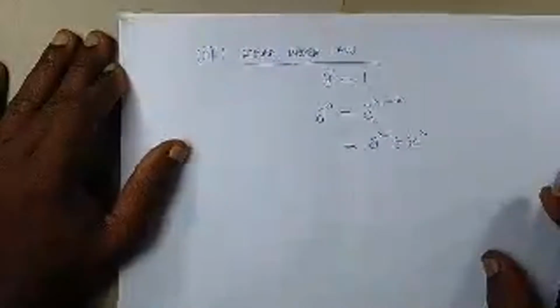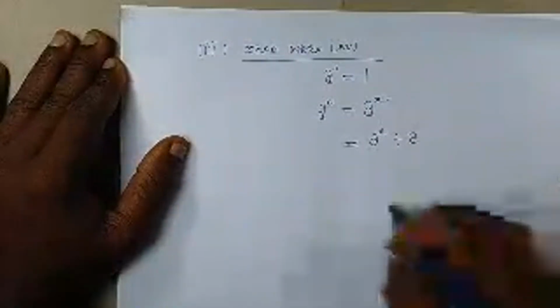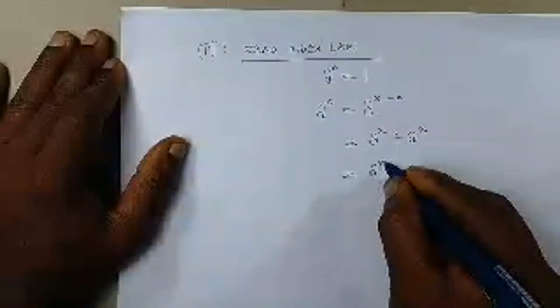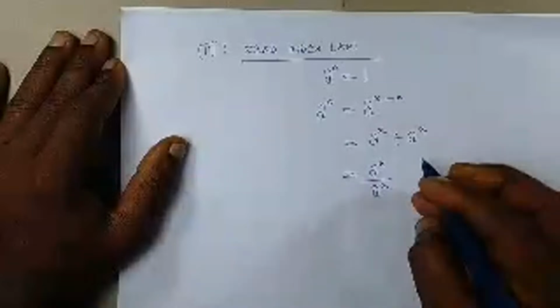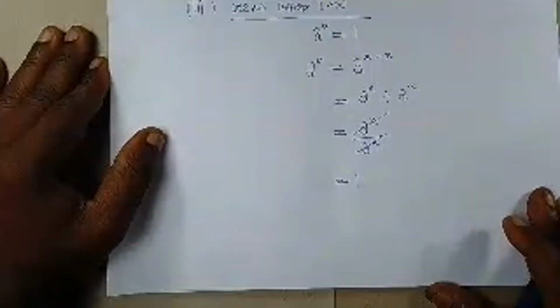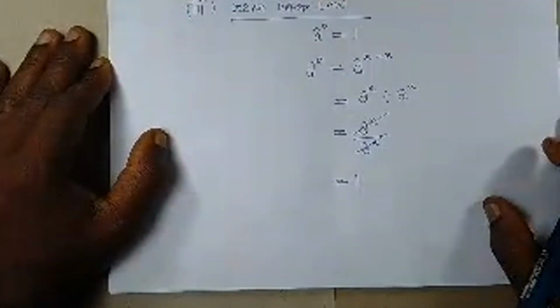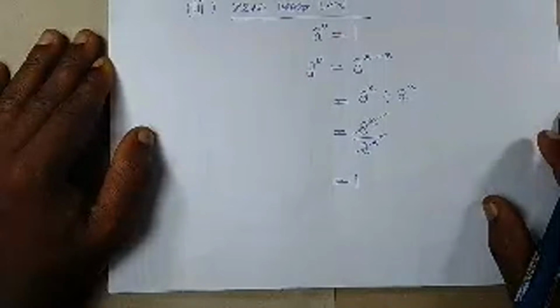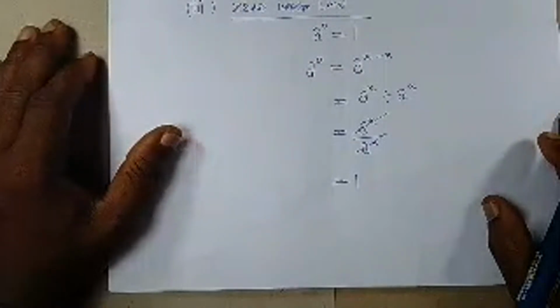Now, this means also that a raised to power x over a raised to power x can cancel to give you 1. So this law is as simple as that to prove. Now, let's move over to the fourth law.